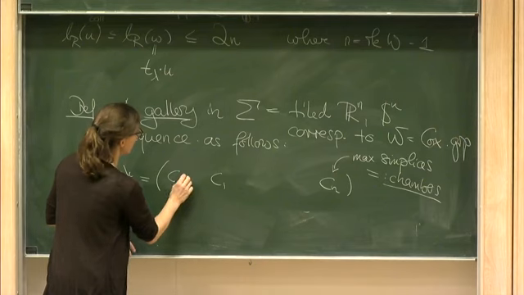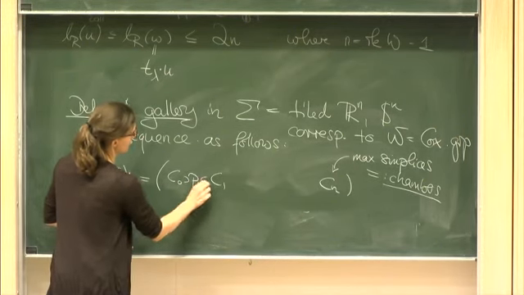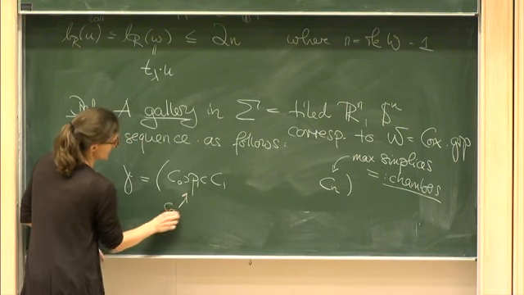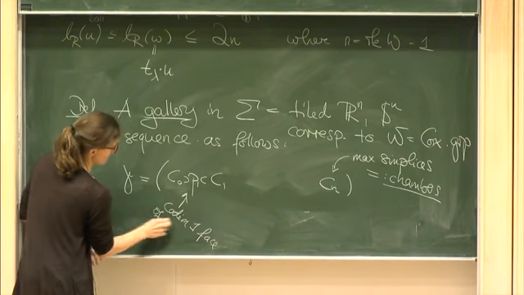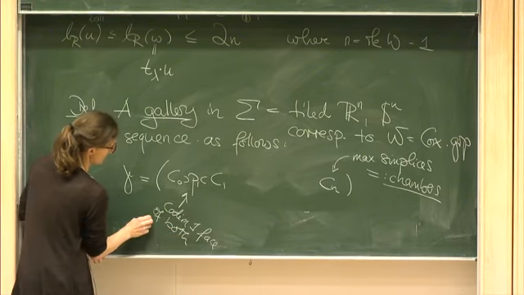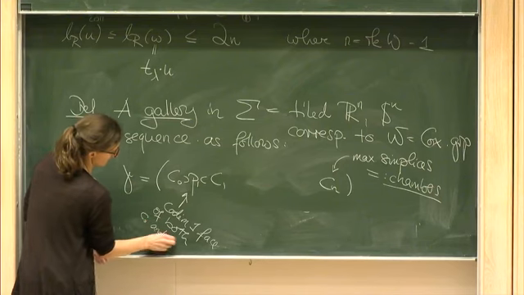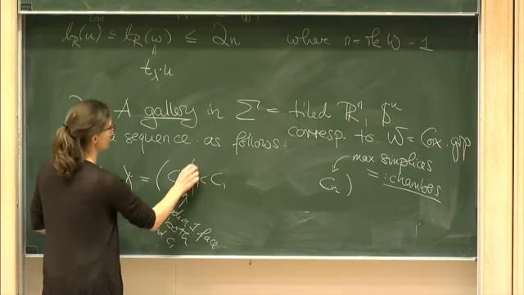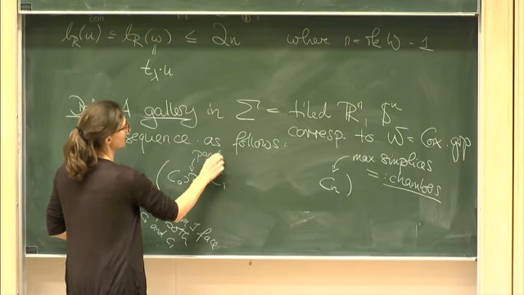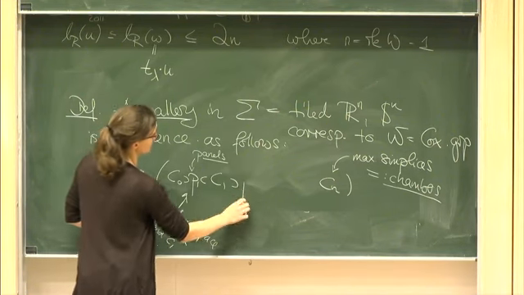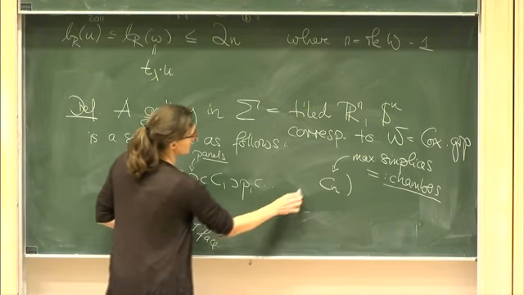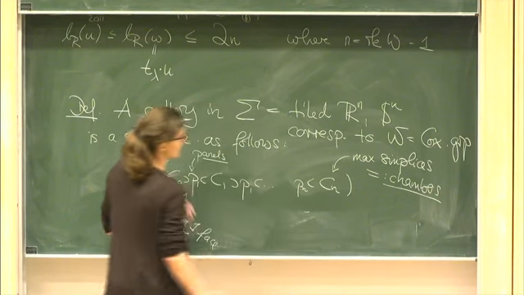Okay, so C_0 contains some P_1, which is a codimension 1 face of both C_0 and C_1, and they're also called panels, these codimension 1 faces. And then C_1 contains another P_2, and you end with a P_n in C_n.